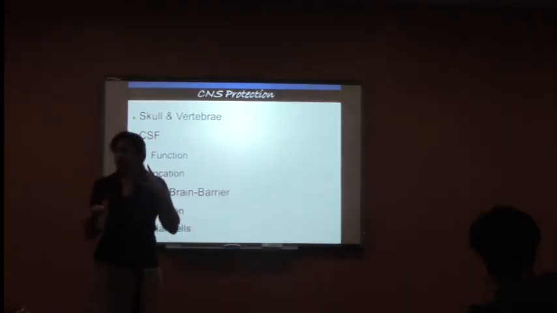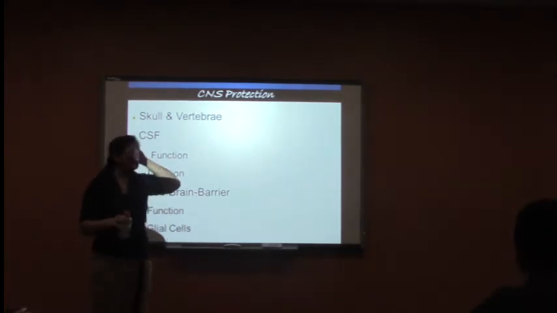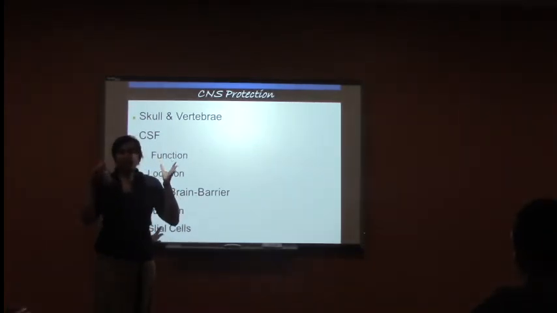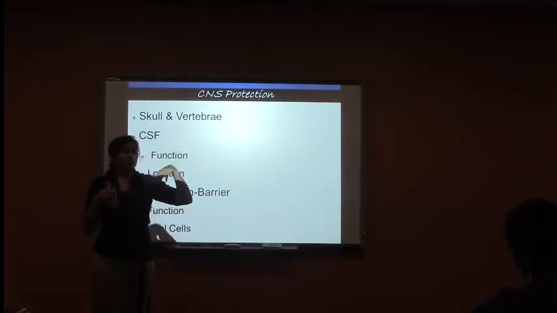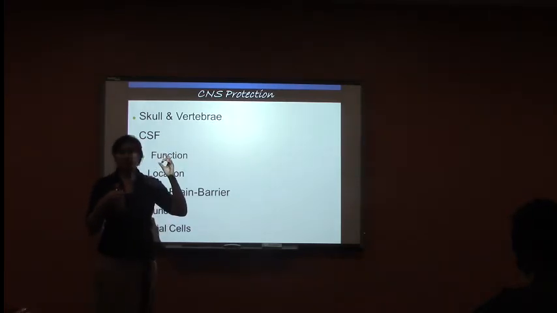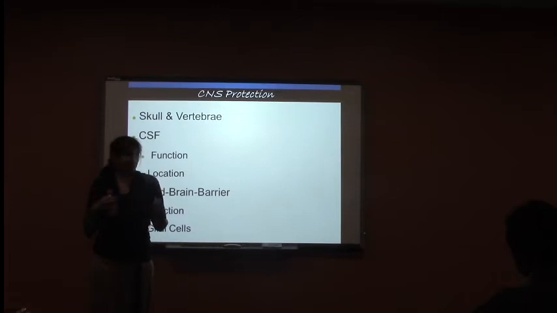Cerebrospinal fluid is actually within our brains. We don't have time to go into detail, but in the lab you will see that within our brain or cerebrum, we actually have 4 ventricles. We have 2 lateral ventricles, a 3rd ventricle, and a 4th ventricle. Those ventricles are lined by ependymal cells, which basically produce and secrete the CSF.